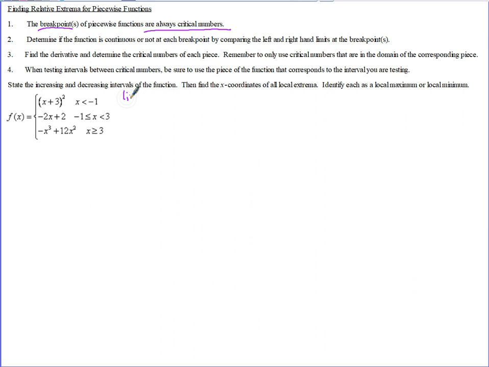So we can find the limit as x approaches -1 from the left using this top piece here. So that's -1 plus 3 squared, give you 2 squared, which is 4, and compare that with the limit as x approaches -1 on the right.